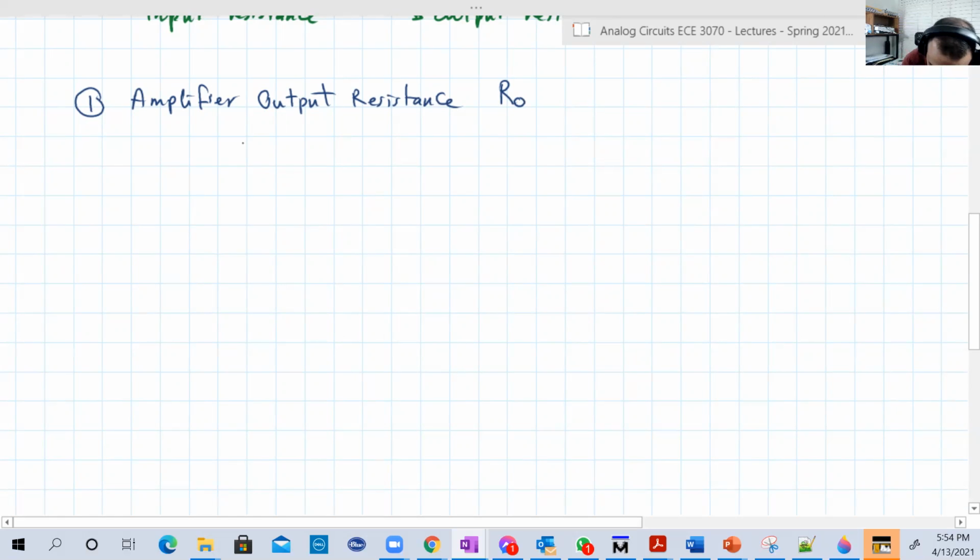Just look at the output circuit. Here is the output circuit. You have the output equivalent, which is basically AVO VI, and you have R load.